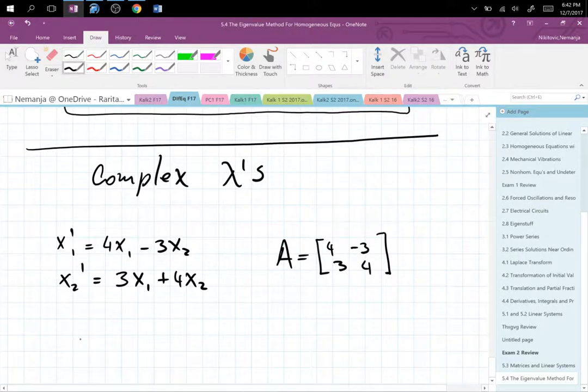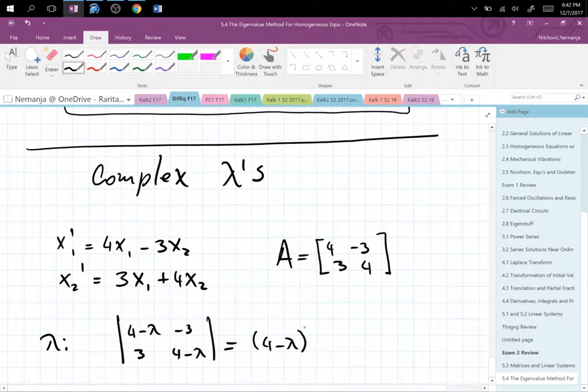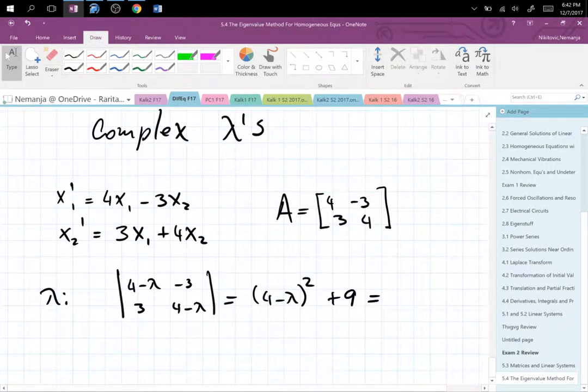And now we're looking for lambdas, so you have to find the determinant of 4 minus lambda, negative 3, 3, and then 4 minus lambda. The determinant is (4 minus lambda) squared plus 9, and that needs to equal 0.